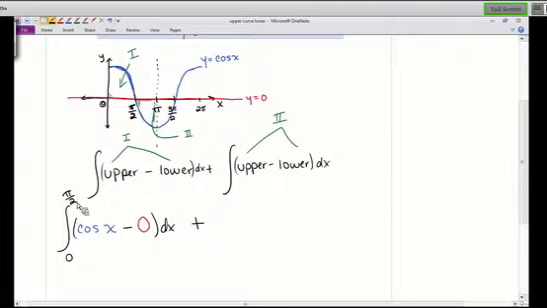Pi over 2. Okay, now we'll take the integral of the second shaded region, Roman numeral 2. Now what's our upper curve in the second shaded region? Our upper curve is now y is equal to 0 minus the lower curve, which is now cosine x, what we have in blue.